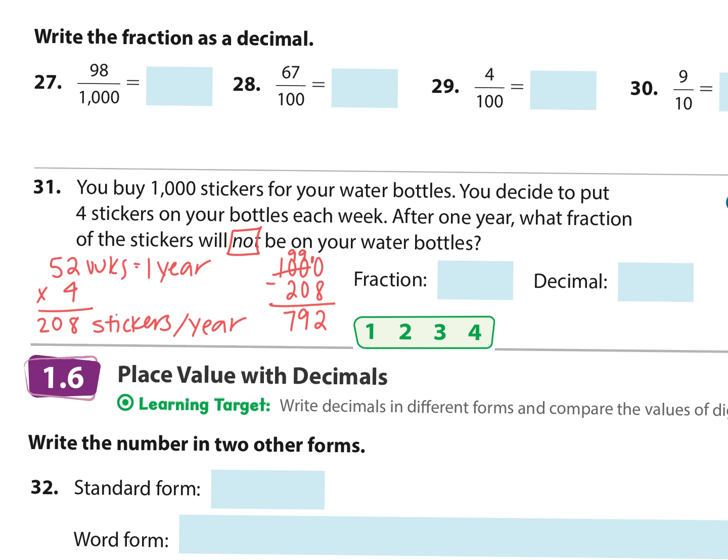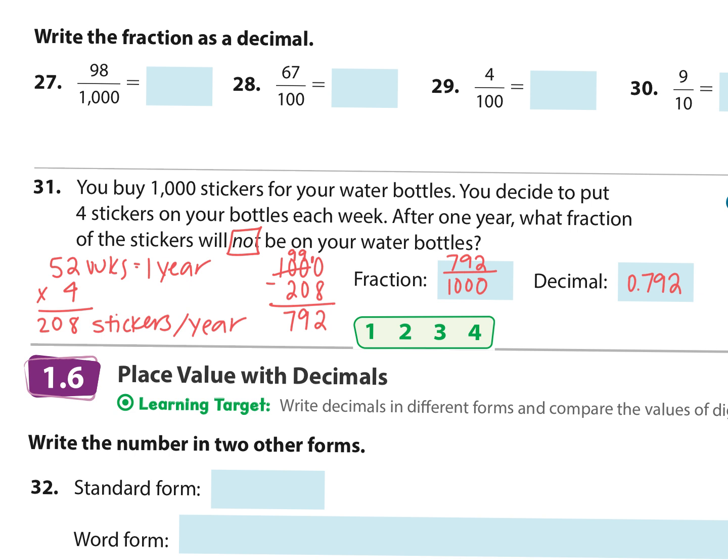So I end up, and I'm writing this as a fraction first, so 792 out of how much? 1,000. And the decimal looks like what? 0.792. Very good.